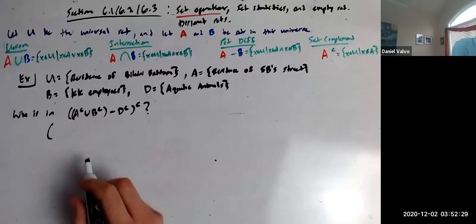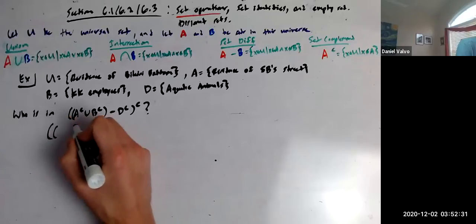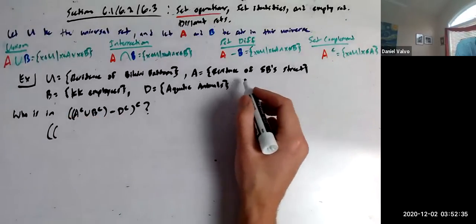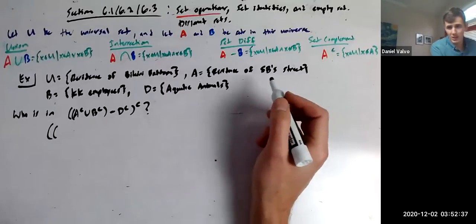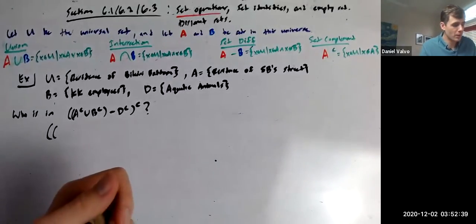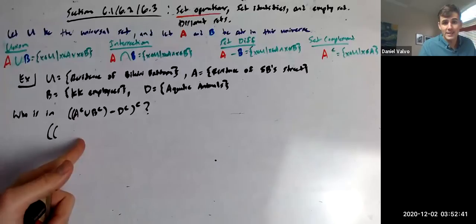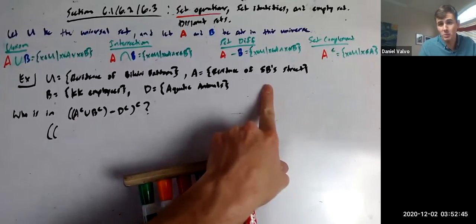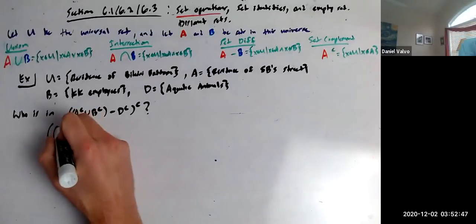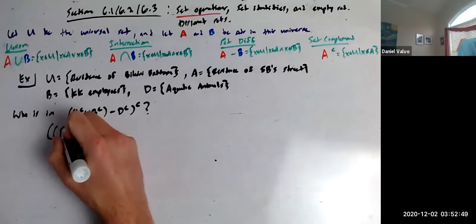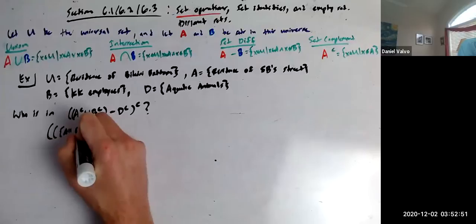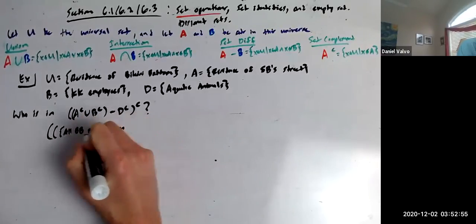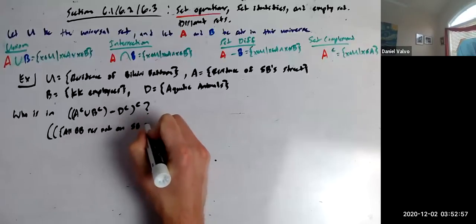So A complement is the complement of residence of SpongeBob Street. And the complement just means everything in U that's not in A. And so this is all Bikini Bottom residents that don't live on SpongeBob Street. So A complement is going to be all Bikini Bottom residents not on SpongeBob Street.